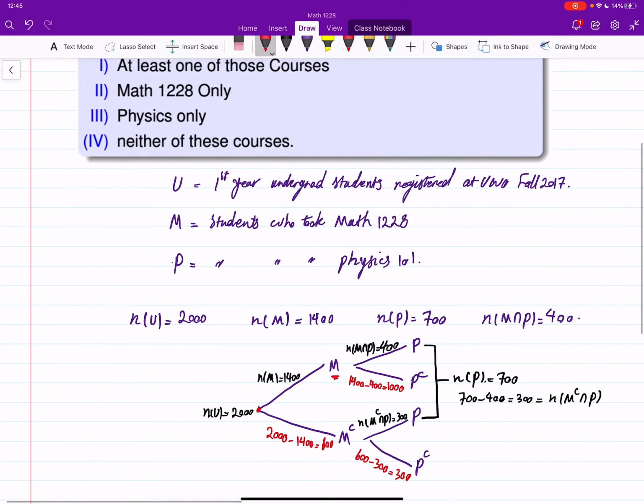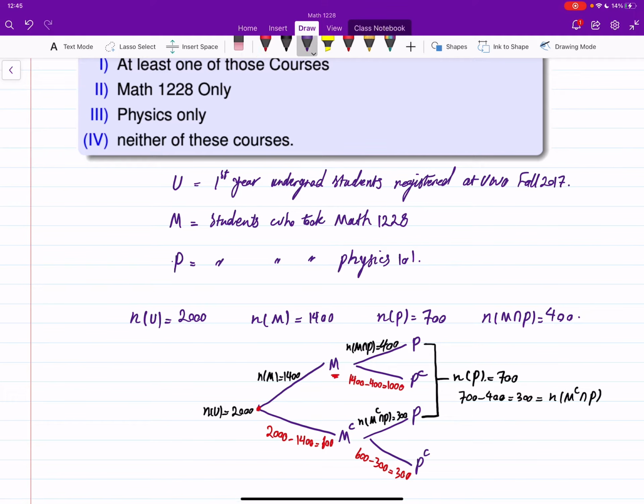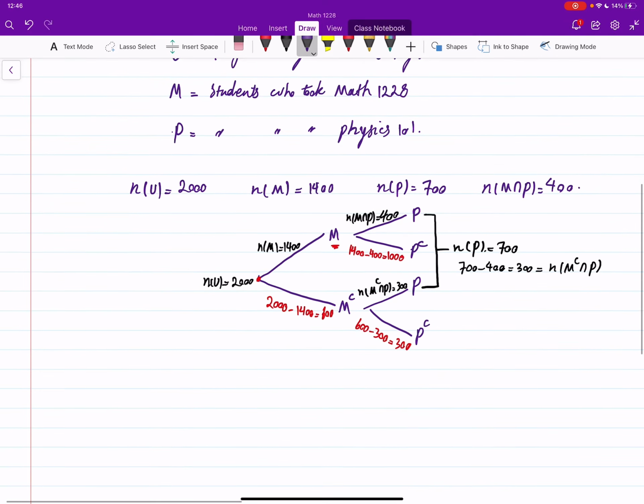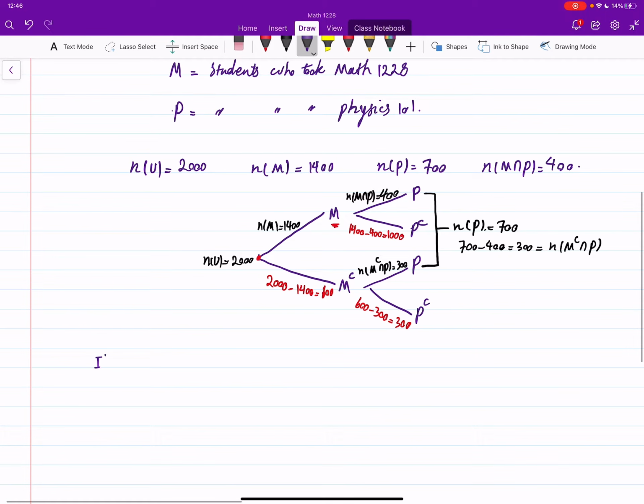Now let's see what the question asks. We are looking for at least one of these courses. What does at least one of these courses mean? Well, at least one course means either taking two or one of them, yes? So this is basically saying to find the union of these two sets, okay?